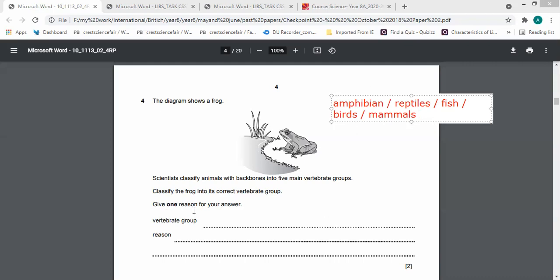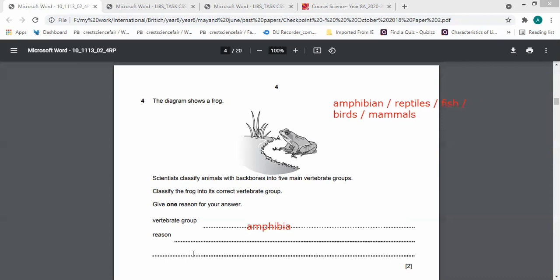Give one reason for your answer. This frog belongs to which one of these 5 vertebrate groups? Amphibian. Moist skin. What are the reasons that make you choose amphibia for frog?